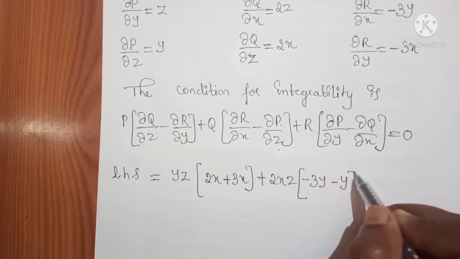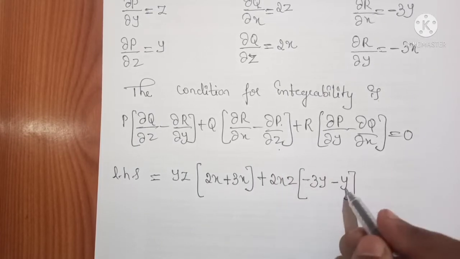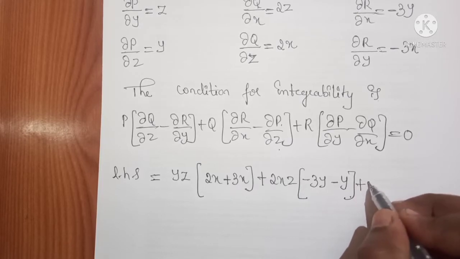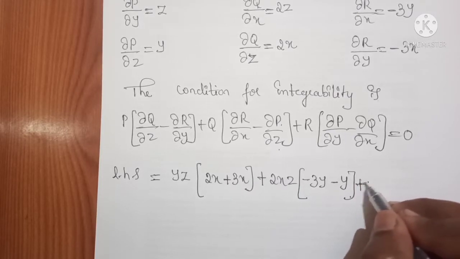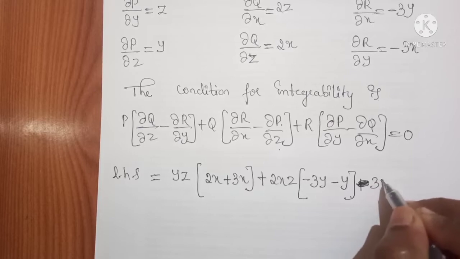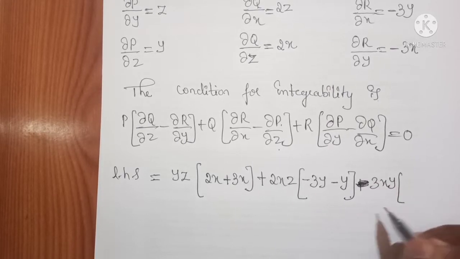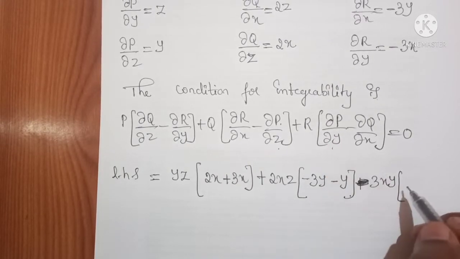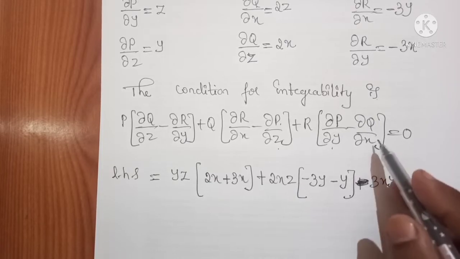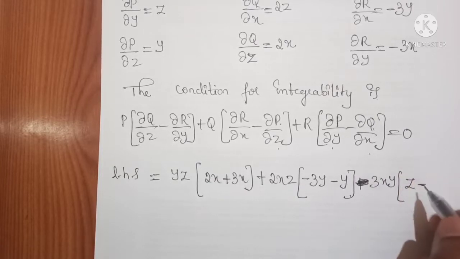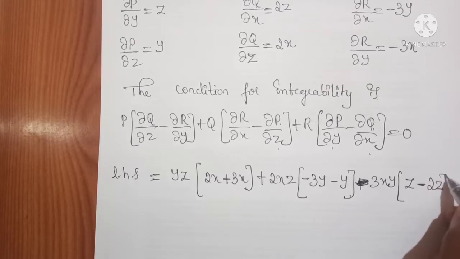Dou P by dou z is y, so we get minus y. R value is minus 3xy, so directly we write minus 3xy into dou P by dou y, dou P by dou y is z, dou Q by dou x is 2z, so that we get minus 2z.